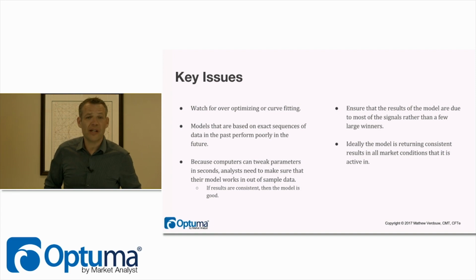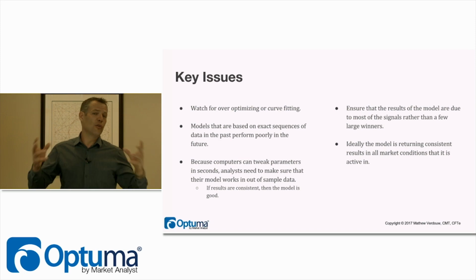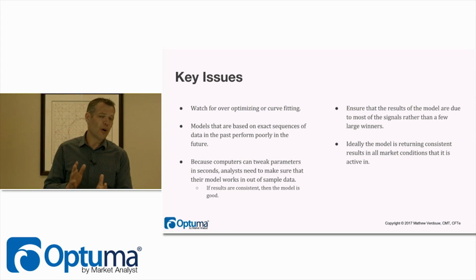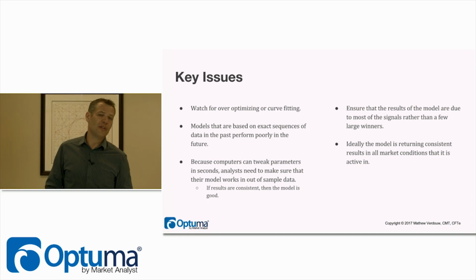I think I'm just repeating everything that's written there. We've got to ensure that the results of the model are due to most of the signals rather than a few large winners. This is really important in any type of quantitative work. When you've got loss after loss after loss, and then one huge win comes along and makes your model profitable, that's no good, because you can't be sure that large win scenario is going to happen in the future.